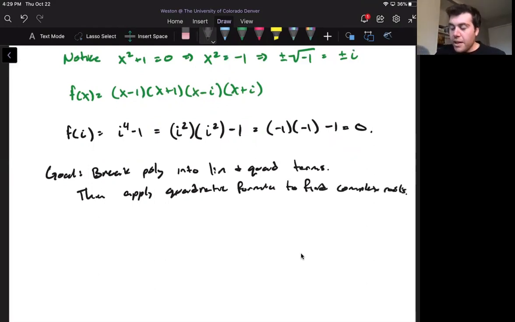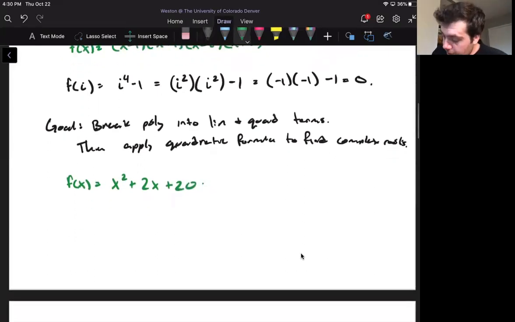So we apply the quadratic formula to find complex roots. Of course, that's not what we just did above. But if we had a polynomial that looked like f of x equals x squared plus 2x plus 20, then we can find complex roots just through the quadratic formula.